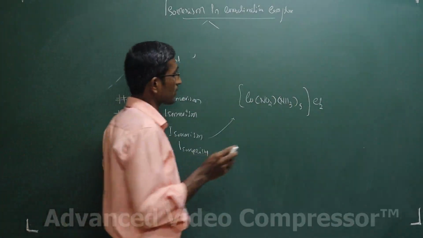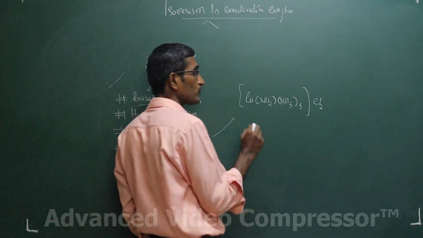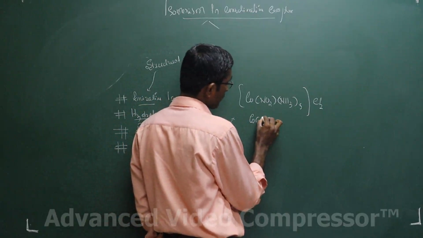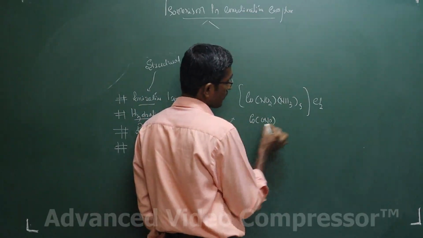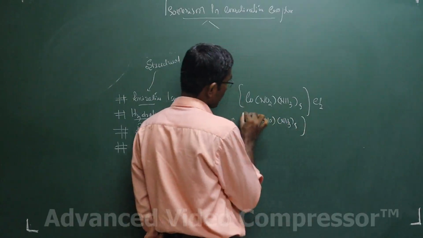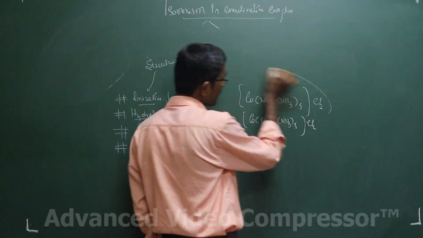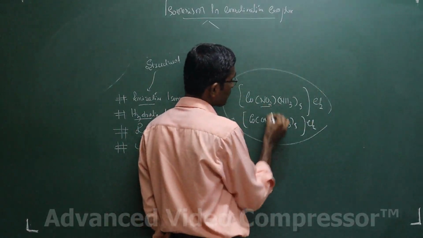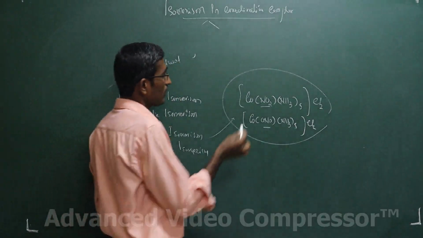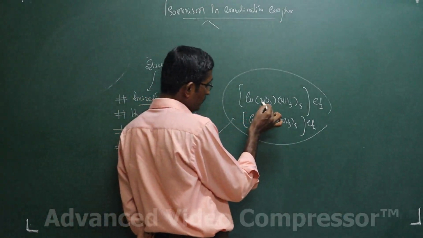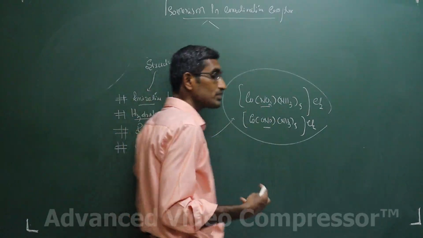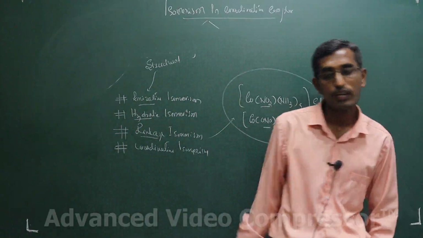But the important thing is, using the same molecular formula, I can put it the other way around also. I can write Co, ONO instead of writing NO2, ammonia 5 times, octahedral complex, Cl2. Same one I am writing in a different way, that is, instead of writing NO2 I have written ONO. In this case, nitrogen is linked to the cobalt atom, that is, nitrogen is the one giving the lone pair of electrons to the central atom.